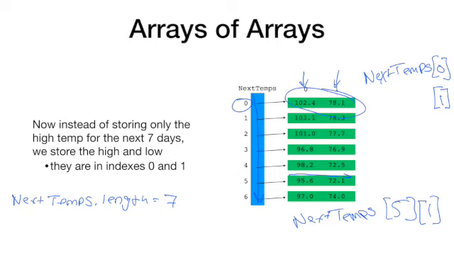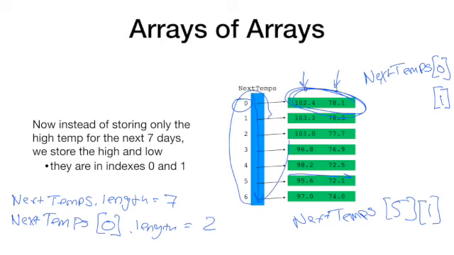So if we say nextTemps, say 0, that gives me this array itself, and we can say that dot length, and that equals 2, right? So here, this accesses the original array itself. This accesses one of the index arrays.